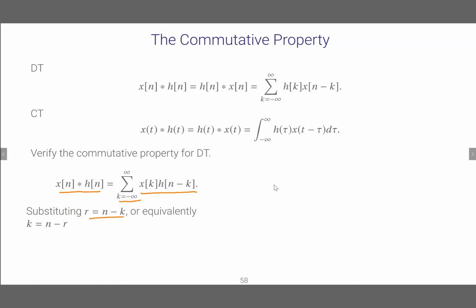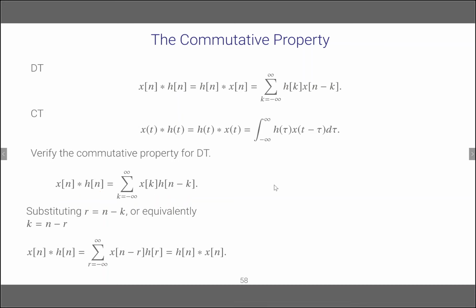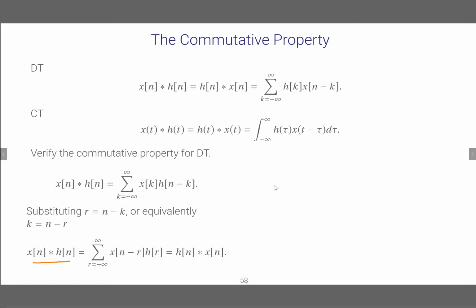So when you consider the limits and the reversing and so on, you can write x[n] convolved with h[n] is equal to the sum of x[n minus r] and h[r], and these will be switched to get the same representation, which is actually h[n] convolved with x[n].